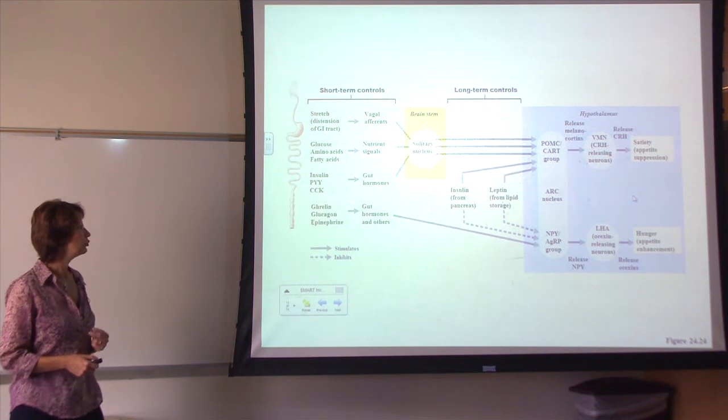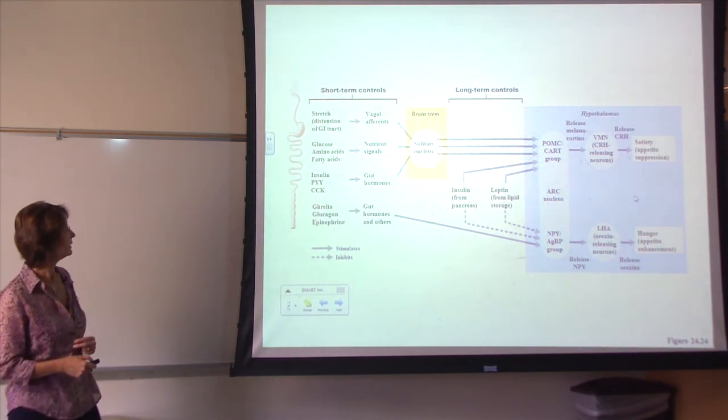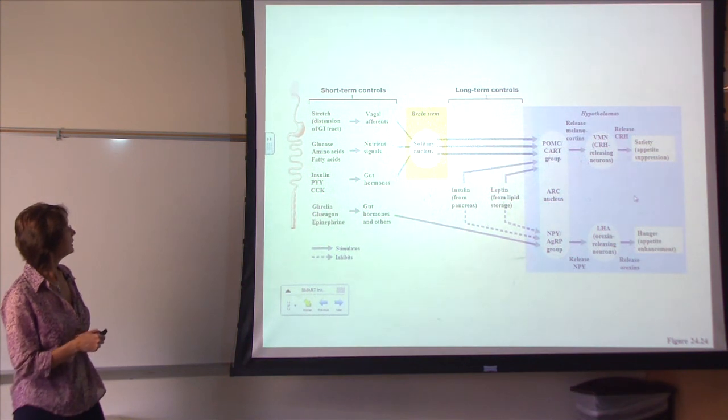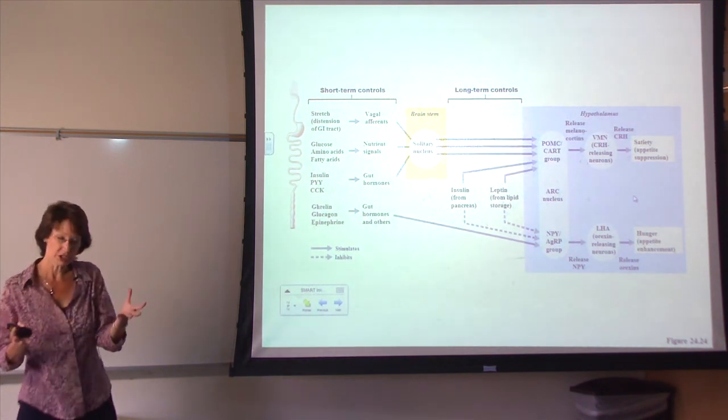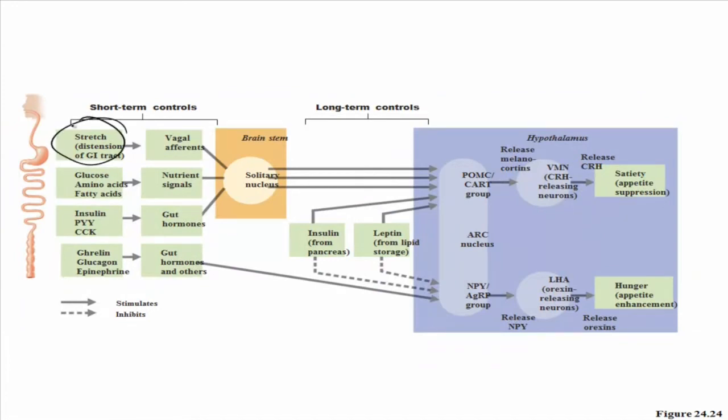The other two really important hormones in hunger and satiety: the stretch of the stomach is one thing that will release hormones that tell you you're full. The other is insulin. Insulin will actually trigger leptin release, and leptin is really the hormone. It's made from adipose cells.